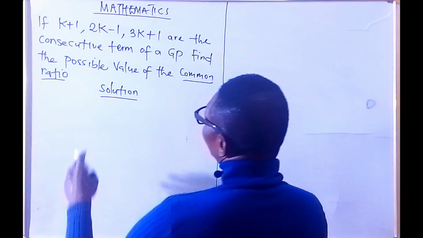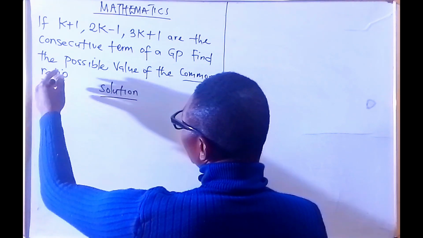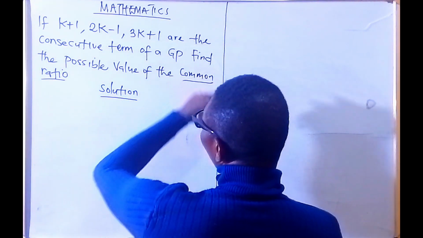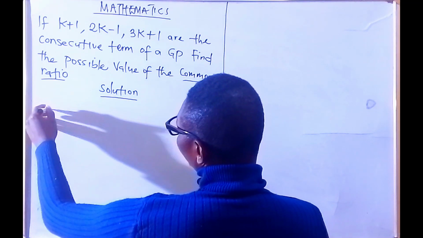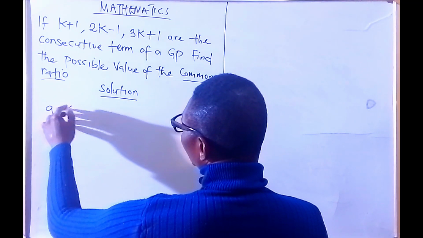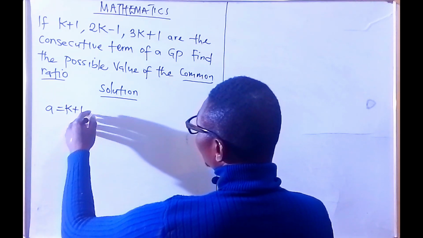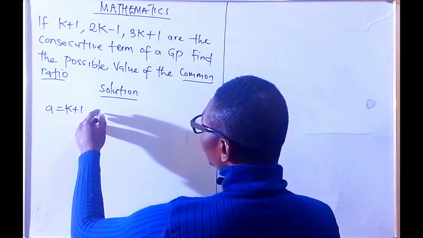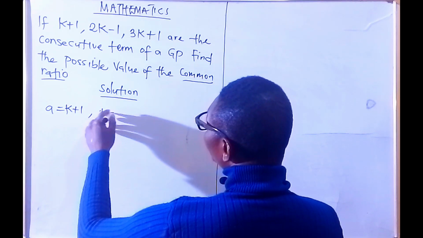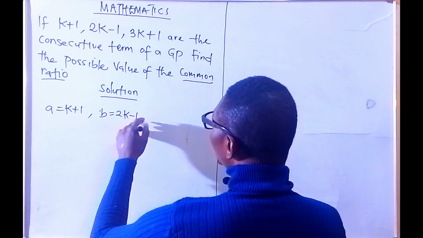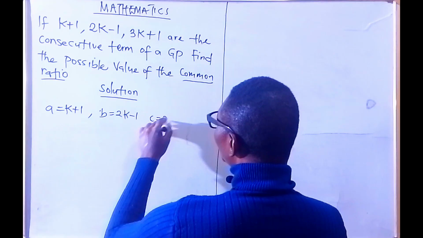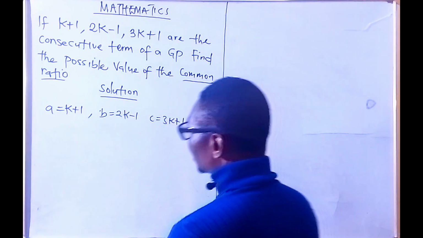Now, here we are given the three consecutive terms. Let's say the first term a is equal to k plus 1, the second term, let's say b, is 2k minus 1, and c is equal to 3k plus 1.